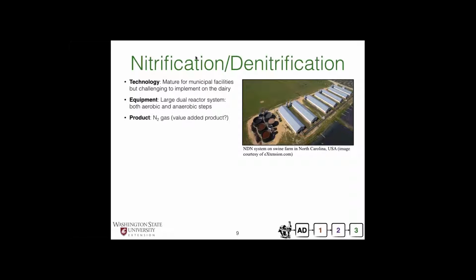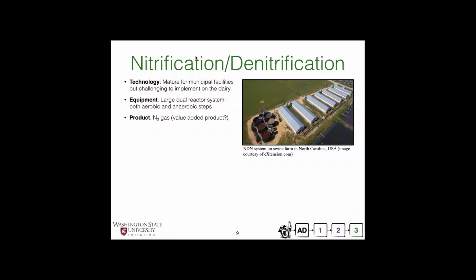This process, again, is fairly mature for municipal facilities, but there's questions about implementing it on the dairy. At this point, as the panel photo there shows, this is an overview of a swine facility.